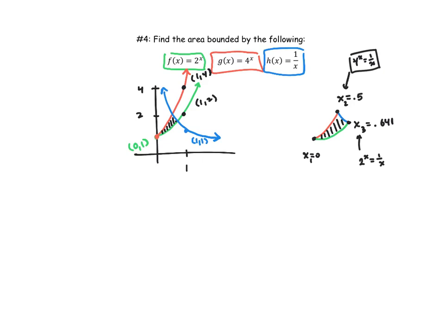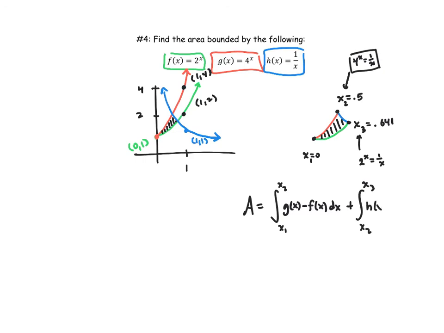Okay, so the area would be the integral, let's go from x1 to x2 of the red graph minus the green graph. So that would be g of x minus f of x. Okay, so that would accumulate area from x1 to x2, and then we would add the area from x2 to x3 of the blue as the upper and the green as the lower.